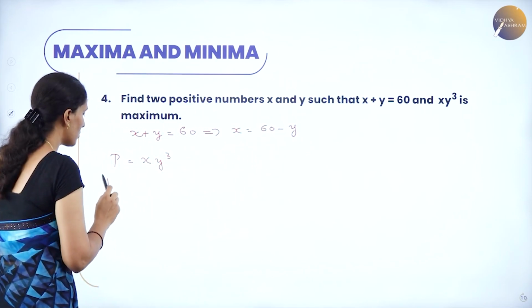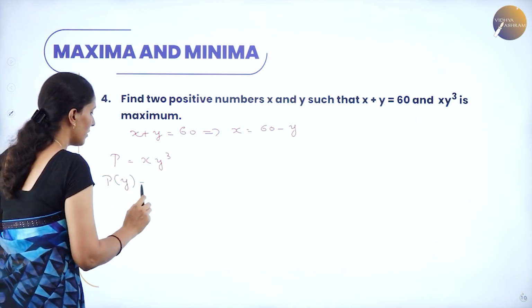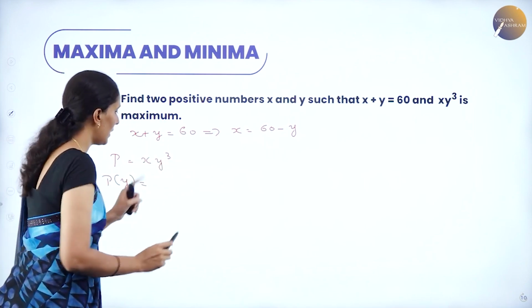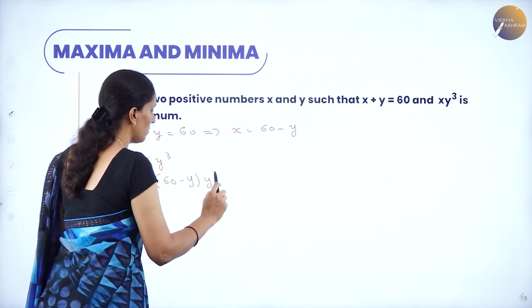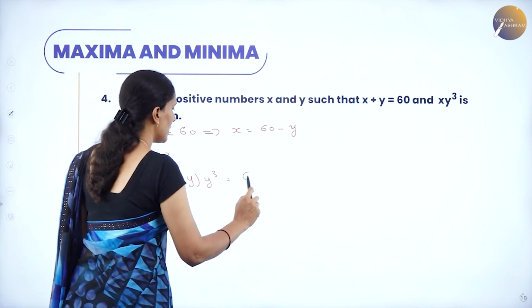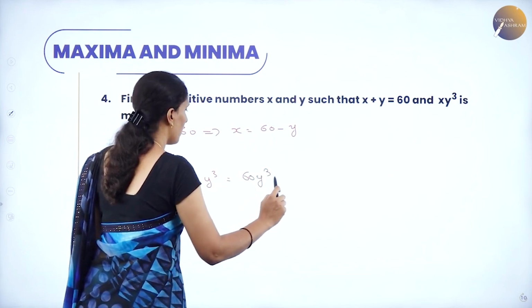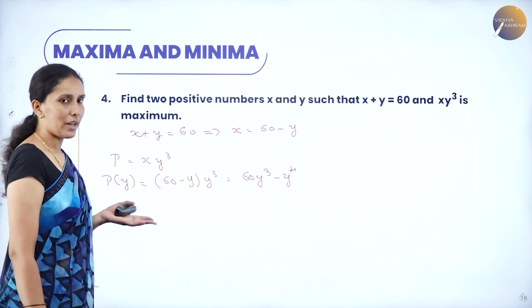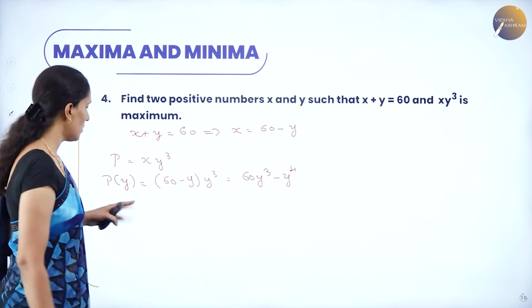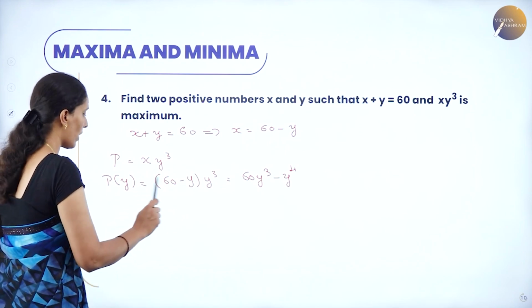So, I will take the function in the form of y only because I am expressing this completely with respect to y. 60 minus y into y cube. So, this becomes 60y cube minus y power 4. Whatever you are going to derive, derive with respect to y only. So, now let us derive with respect to y.